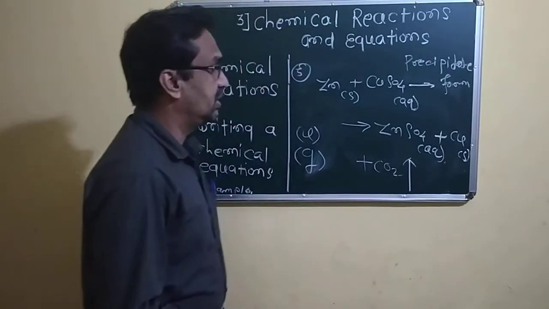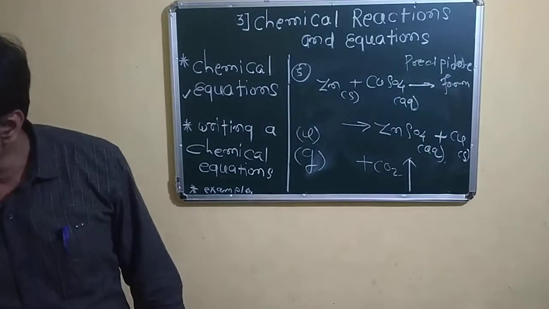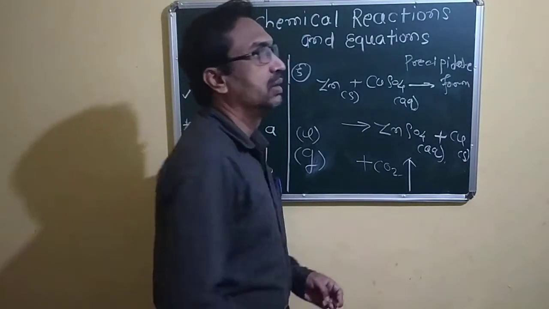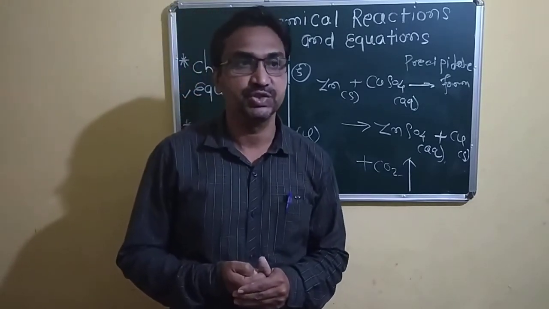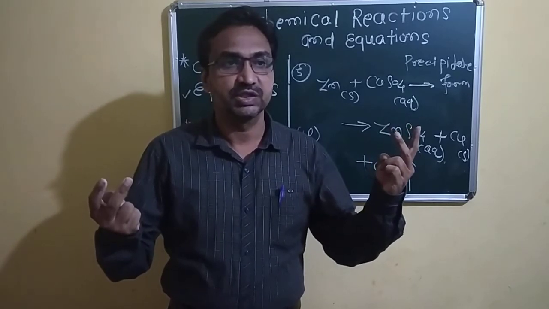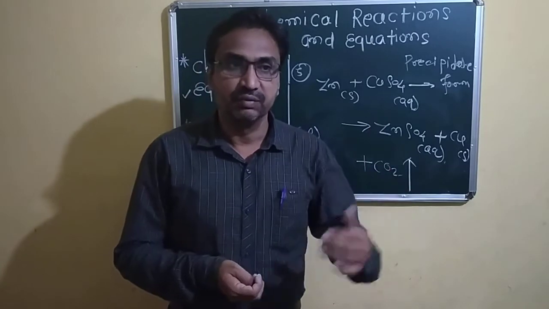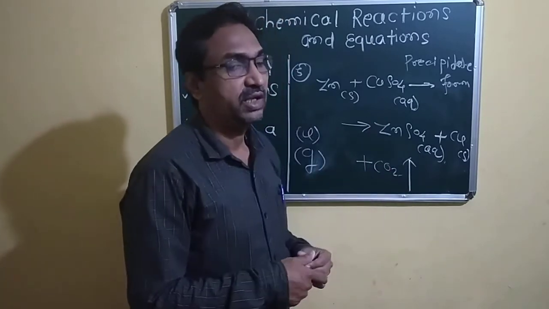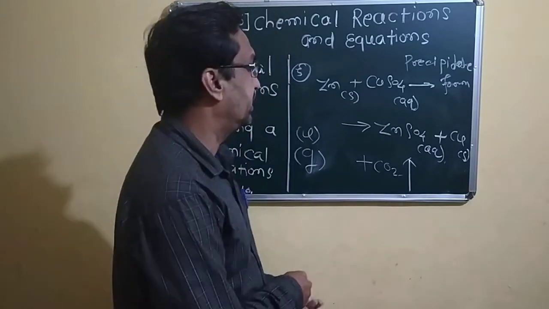A precipitate forms in a double displacement reaction, when two substances react with each other to form other products, and one of them is a precipitate. These are written in such a way.